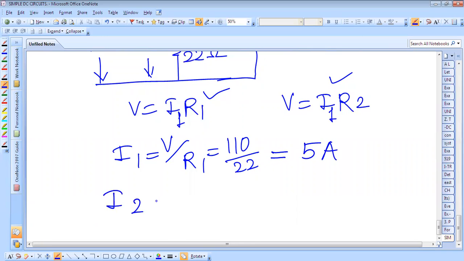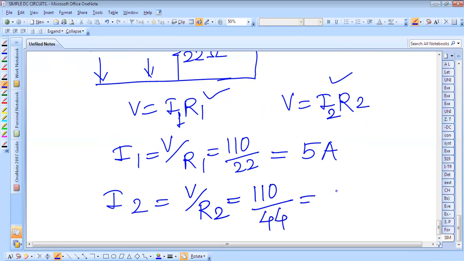Similarly, I2 is the current flowing through the second branch. I2 is equal to V upon R2, which is 110 divided by 44, so it is 2.5 ampere.